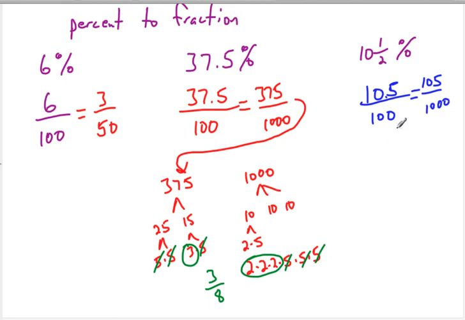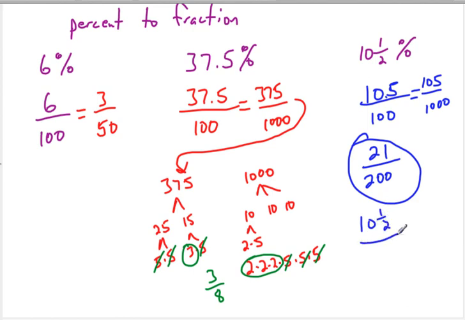So dividing by 5, I think, would give me 21 over 200. And then, let's see, 21 is only divisible by 3 and 7, which 200 is divisible by neither of those, so we are done with that. Another way you could have attacked this problem is you could have said 10.5 over 100, which starts out looking kind of weird.